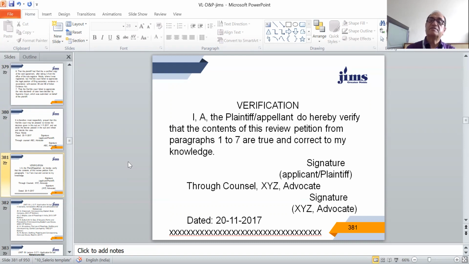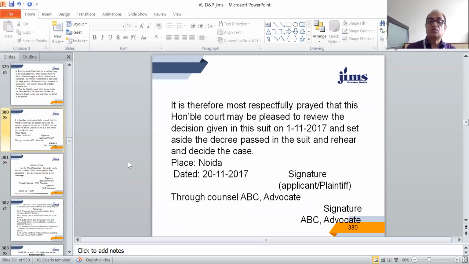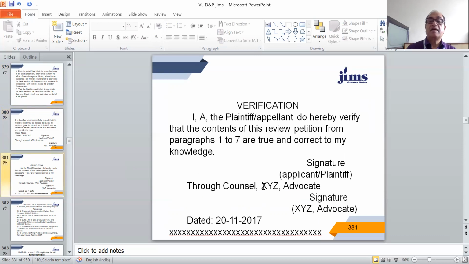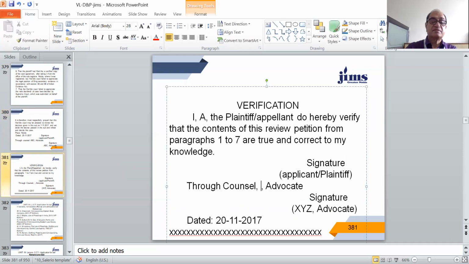And since this review petition has been drafted by an advocate, his name will also appear, that you are filing this petition through ABC advocate, and ABC advocate will also put the signatures. Again dated, the date of filing this review you are supposed to write down, that is 20th November 2017. The time limit for filing a review application under the Indian Limitation Act is 30 days. So you are filing this review in 30 days.